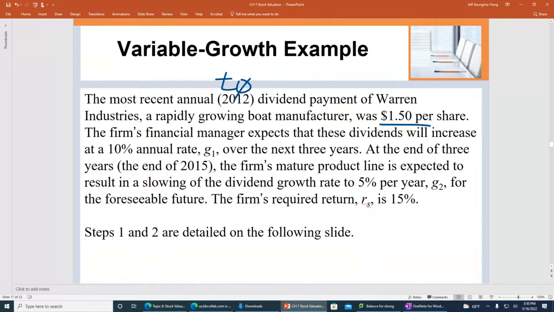And this is the dividend at time T. And as I said before, does the name matter? Warren Industries? The name doesn't matter. You can call it Company X. Whether it is a boat manufacturer or cosmetics manufacturer doesn't really matter. But it is a rapidly growing company, right?